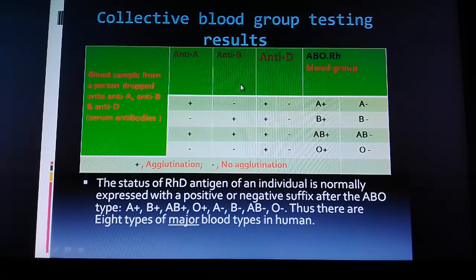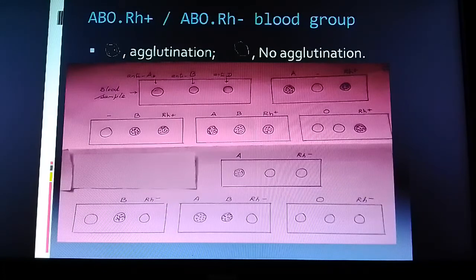Now here is a simple explanation of how blood grouping is done based on the agglutination process, and how the blood groups may be distinguished. You can take a clean glass slide, even a cavity glass slide.